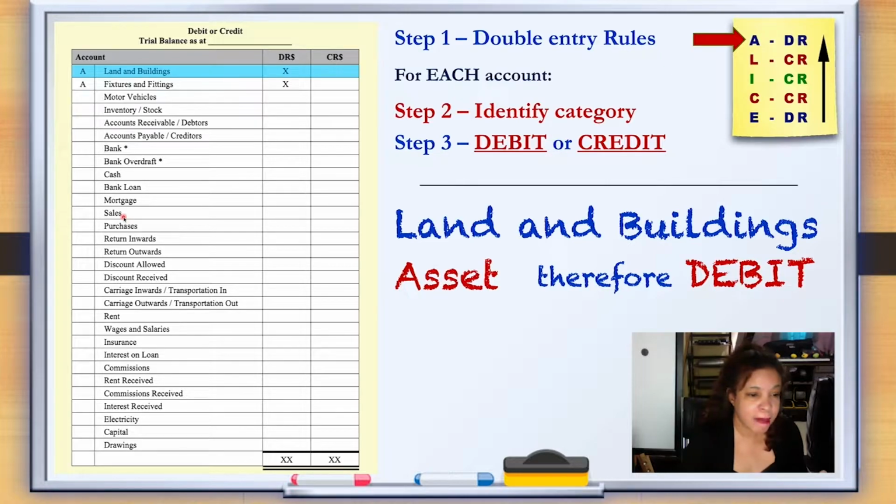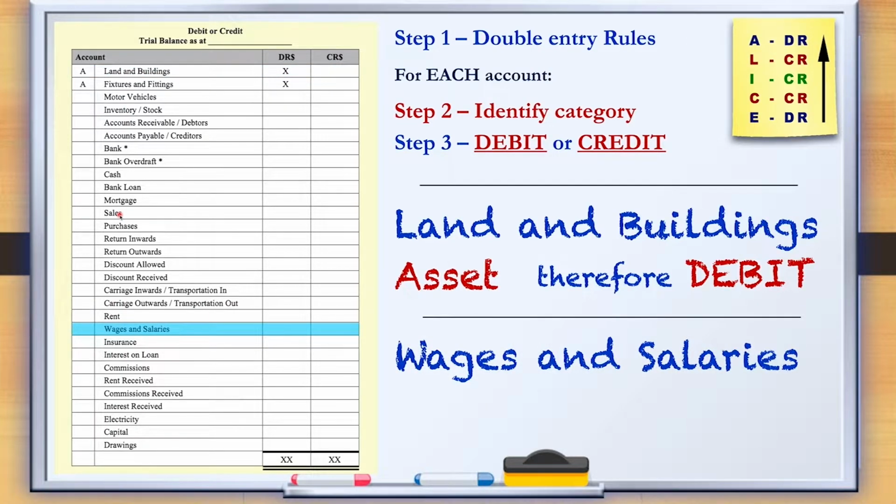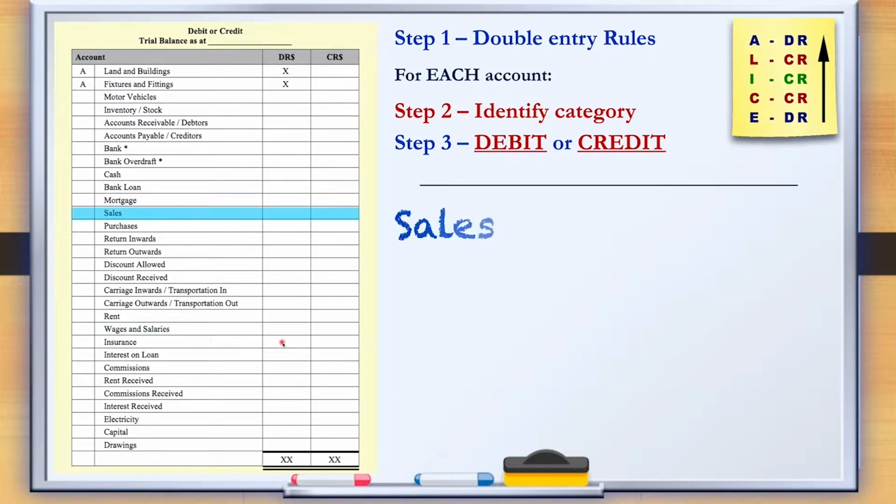All right. But before that, this is really easy. Next example, I'm going to give wages and salaries. So where's wages and salaries? This one here. What is that in ALICE? Which category of account is it? It's an expense. And as an expense, very easy, it is debit. So you will put it under the debit column. Good? All right, so let's see sales.